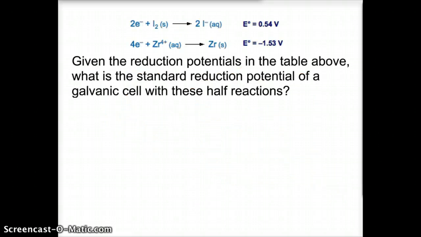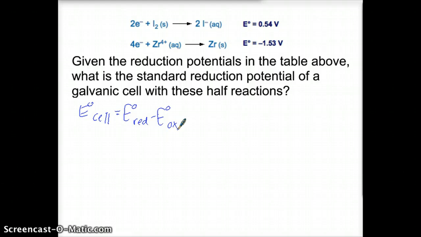So how do we use that? Well, here's an example problem. Given the reduction potentials in the table above, what is the standard reduction potential of a galvanic cell with these half reactions? So, to calculate the standard reduction potential, it's E naught cell is equal to E naught of what's getting reduced minus E naught of what's getting oxidized.